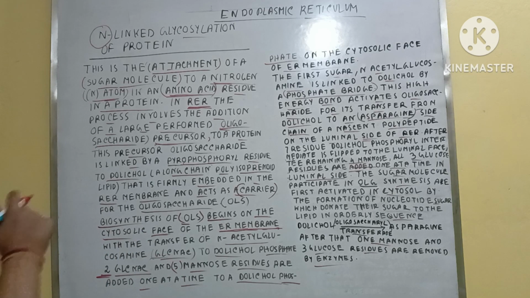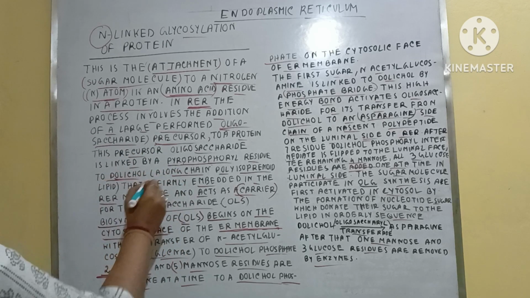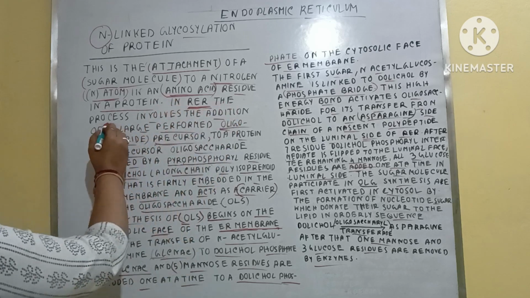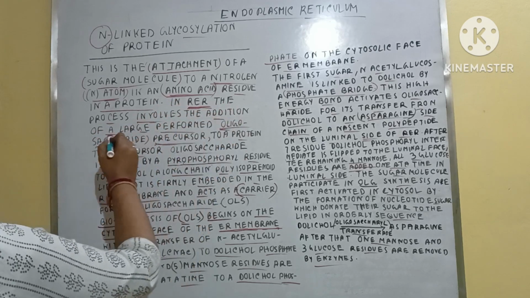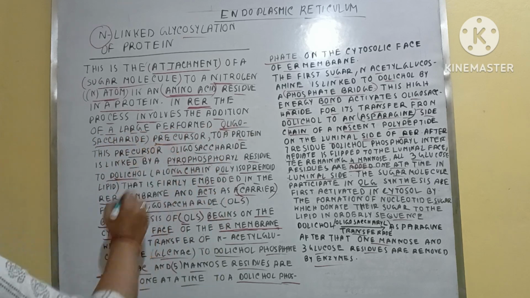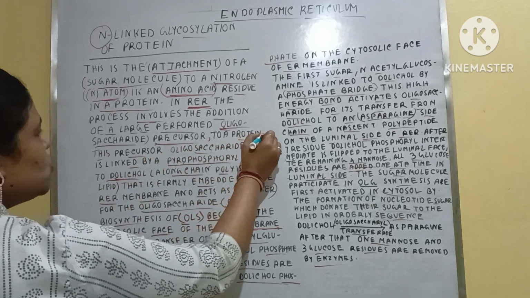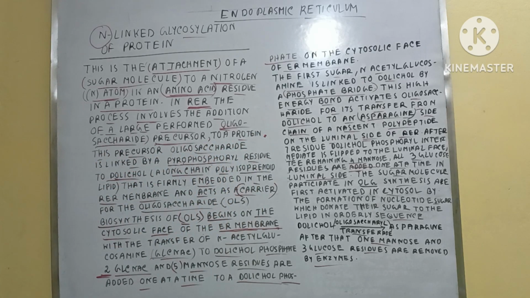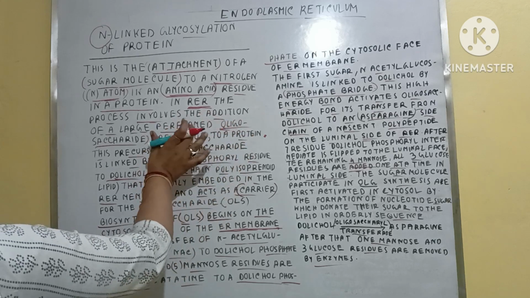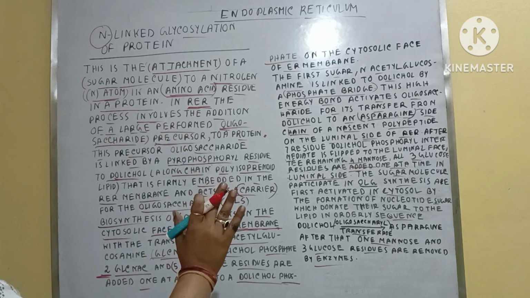The next one is dolichol. So in the RER the process involves the addition of a large preformed oligosaccharide precursor to a protein. Here the oligosaccharide precursor is very important for this glycosylation process.